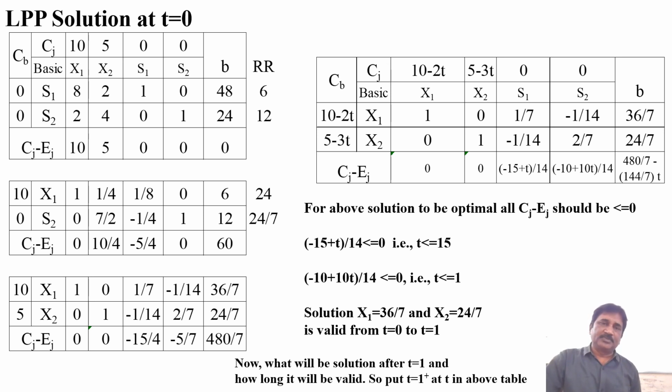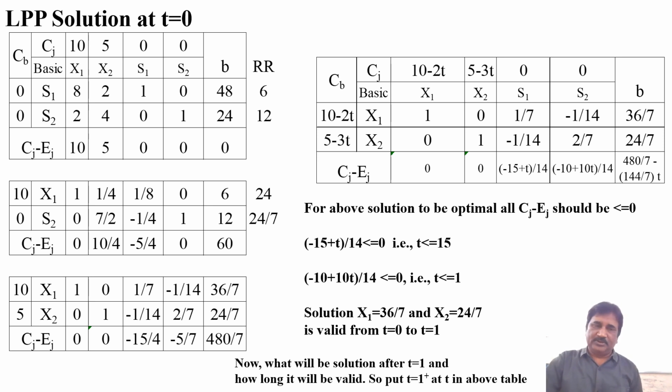This is the first simplex table in which I have tabulated the problem by including the slack variables in the first and second constraint. I have then iteratively improved the solution. I finally got the optimal solution, x1 equal to 36 by 7, x2 equal to 24 by 7.